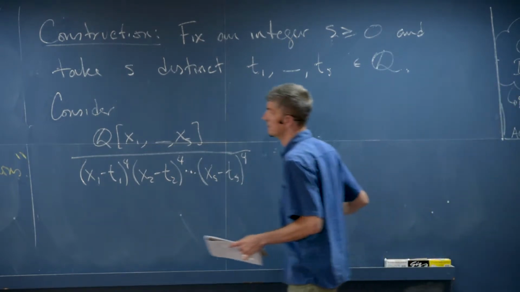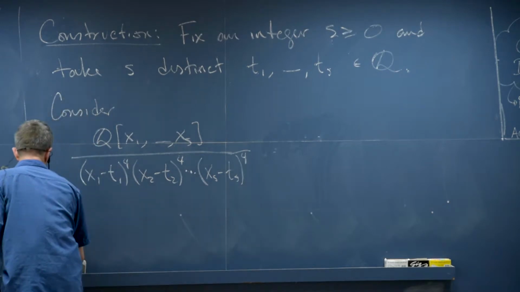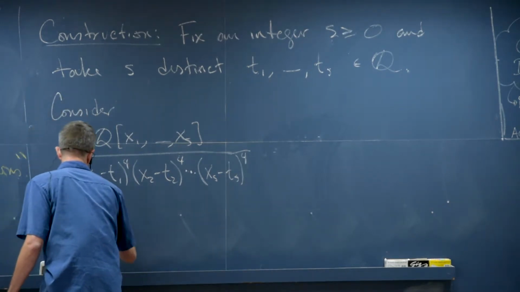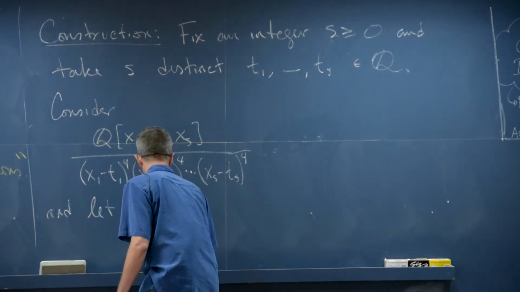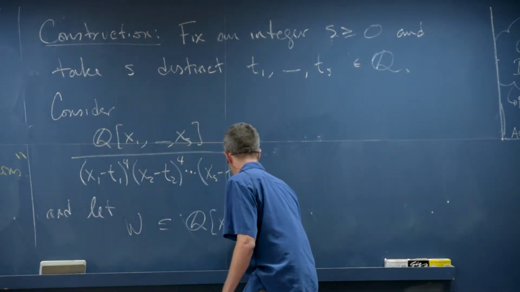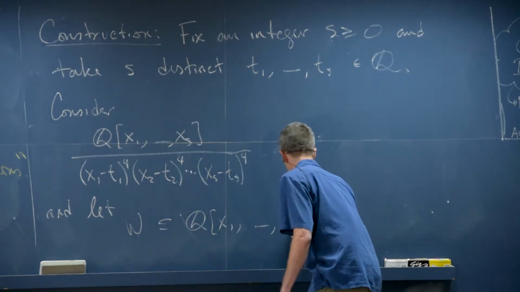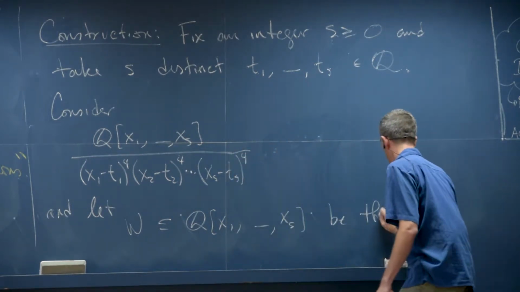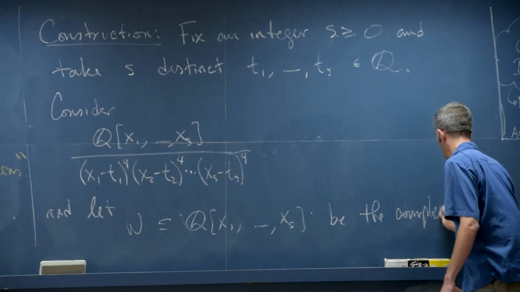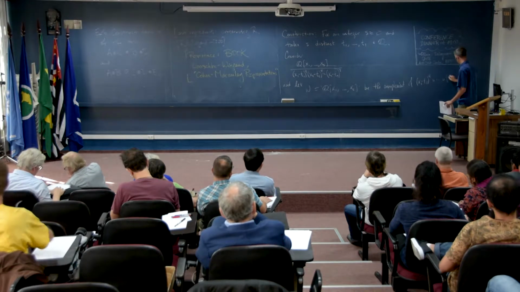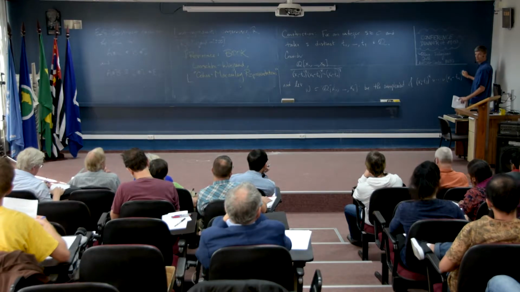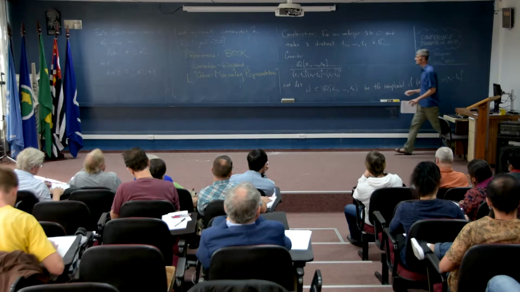And let's let W in the polynomial ring be the complement of the union of those ideals.